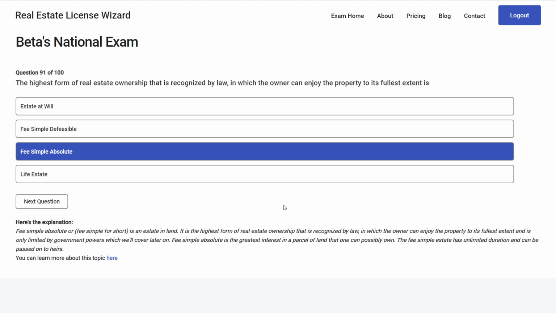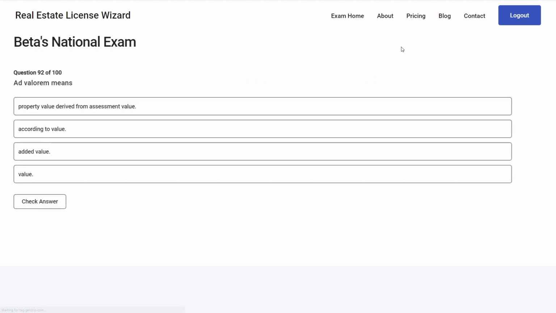It is the highest form of real estate ownership that is recognized by law in which the owner can enjoy the property to its fullest extent and is only limited by government powers, which we talked about before. Fee simple absolute is the greatest interest in a parcel of land that one can possibly own. A fee simple estate has unlimited duration and can be passed on to heirs. There we go. All right, next question.